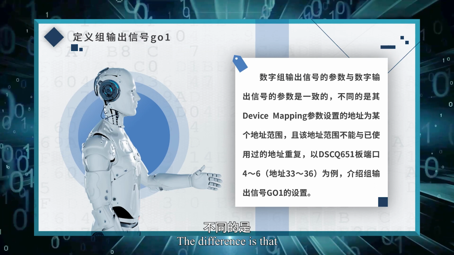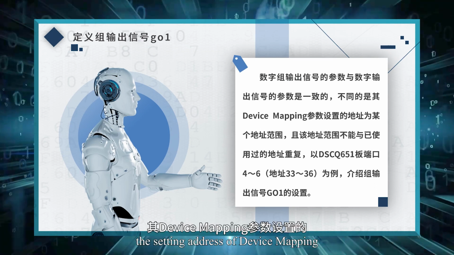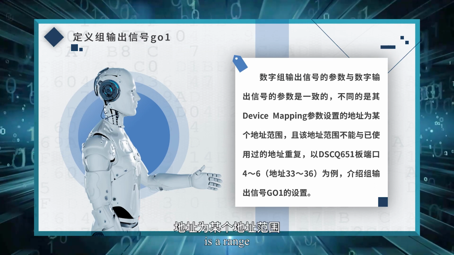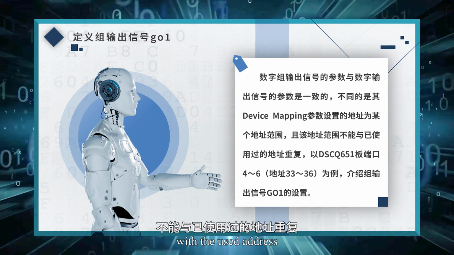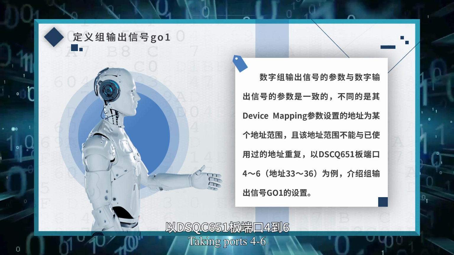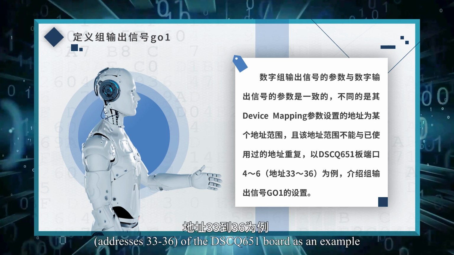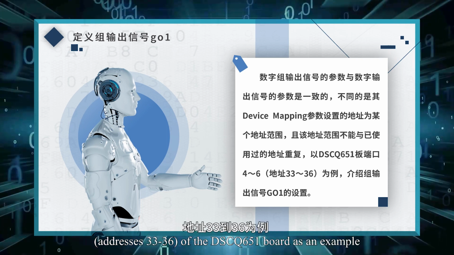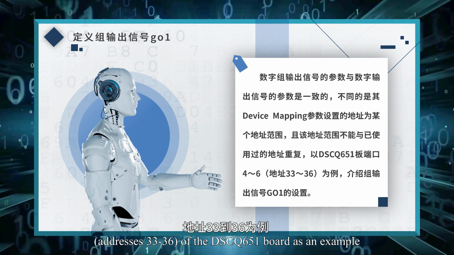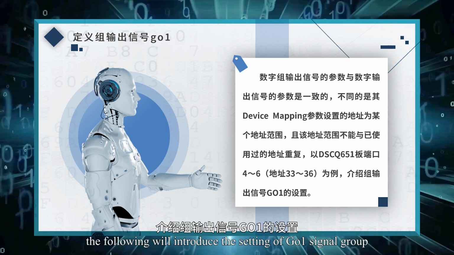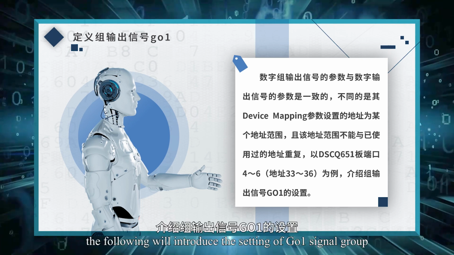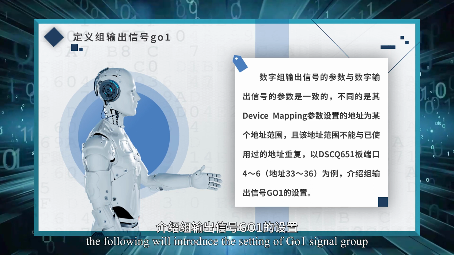The difference is that the setting address of device mapping is arranged, and it cannot be repeated with the used address. Taking port 4 to 6, addresses 33 to 36 of the DSQC651 board as an example. The following will introduce the setting of GO1 signal group.